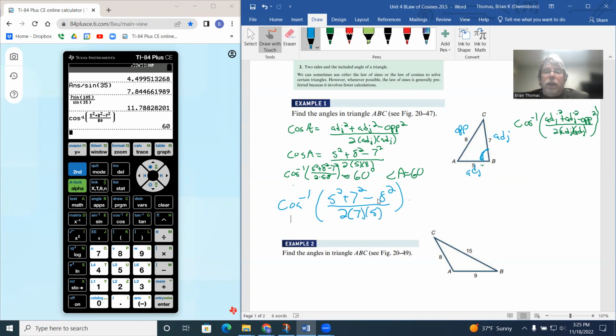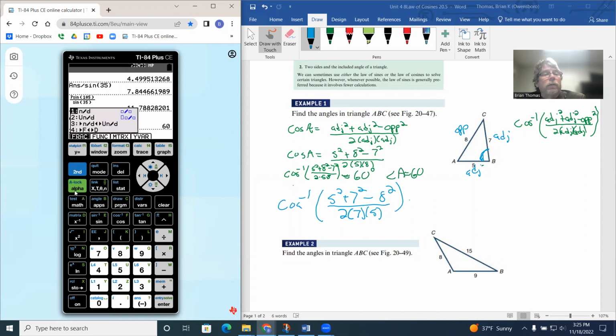So if we do that in the calculator, inverse cosine of, again, that's really a fraction. Alpha F1, number 1. I know that 5 squared is 25 plus 49 minus 64.